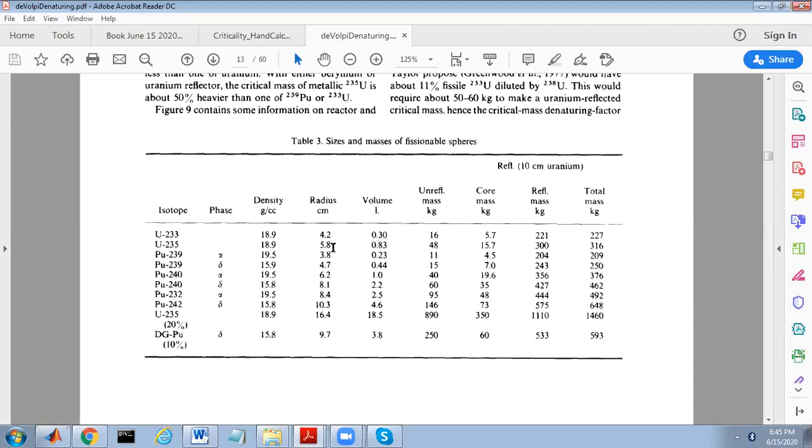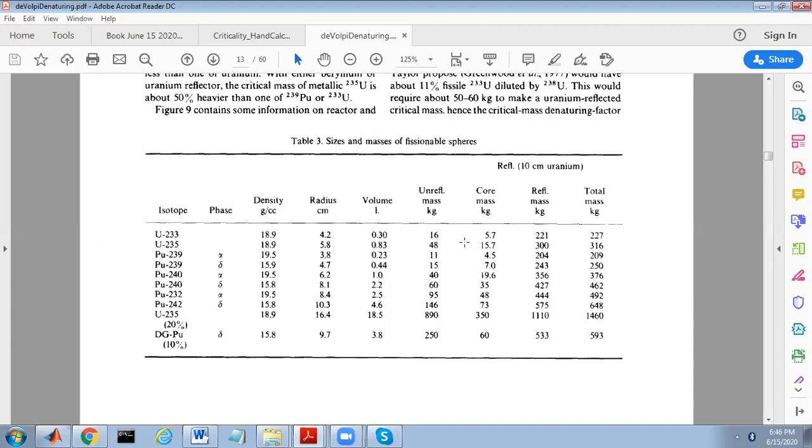So the radius has come down, the volume has come down. The unreflected mass was about 50 kilograms, while the reflector mass is 300 kilograms and the core mass is 15.7. So first you needed 48 kilograms to make it critical, and now you need 15.7 kilograms.